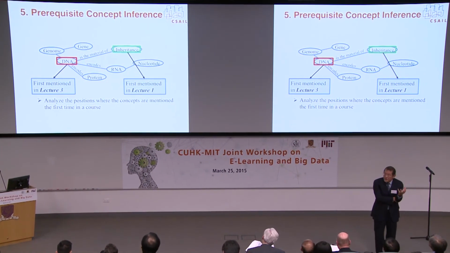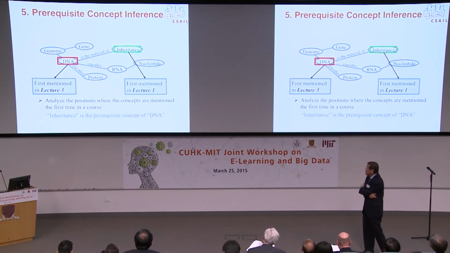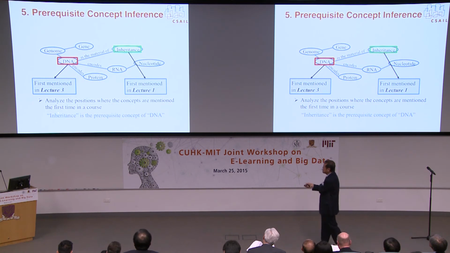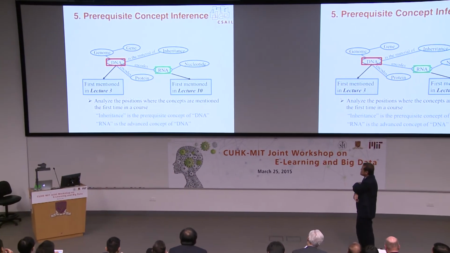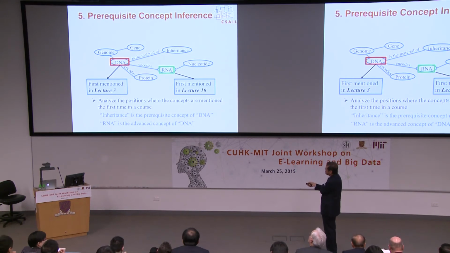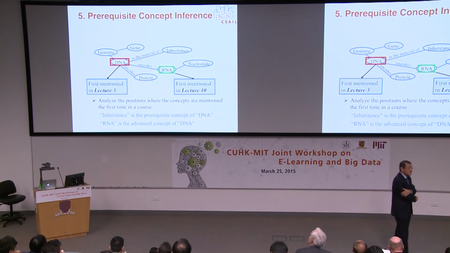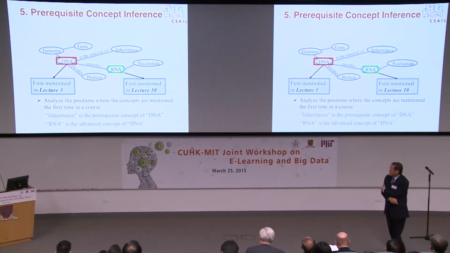And therefore, lecture 1 is the background material for lecture 3. So inheritance is the prerequisite. Similarly, if you look at DNA and RNA, DNA is first done in lecture 3, RNA is done in lecture 10, so this must be more advanced material. And we can figure out this kind of relationship, okay?